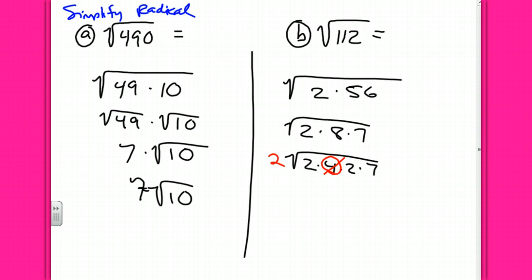Now, do we have any other perfect square factors in the radical? Who sees it? We have 2 times 2 times 7. Do you see the perfect square factor? When you have the same factor happening twice, don't you have a perfect square there? Yeah. What is 2 times 2? 4. So here we have another 4. Do you see that? Yeah. So for this pair of 2's, how many 2's may we take out?